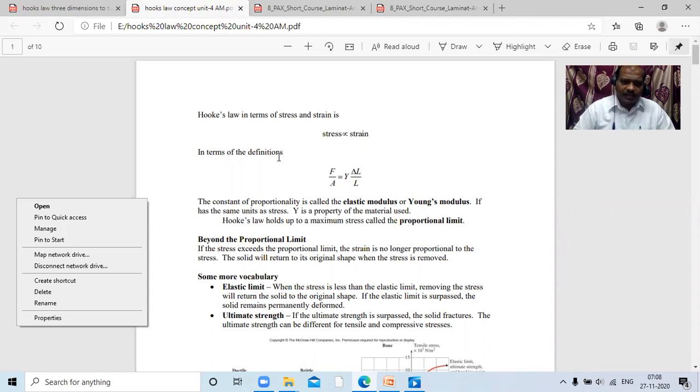In terms of the dimensions, F by A is equal to Y into delta L by L. A is the area, Y is the Young's modulus, delta L is the change in length, and L is the original length.